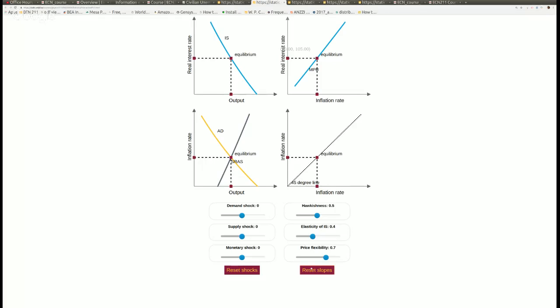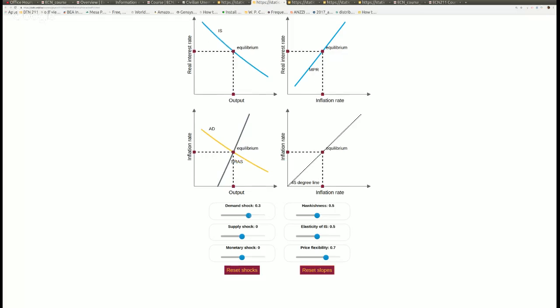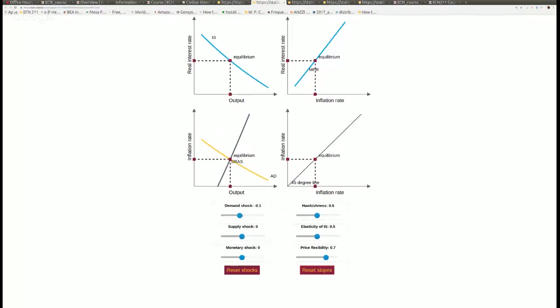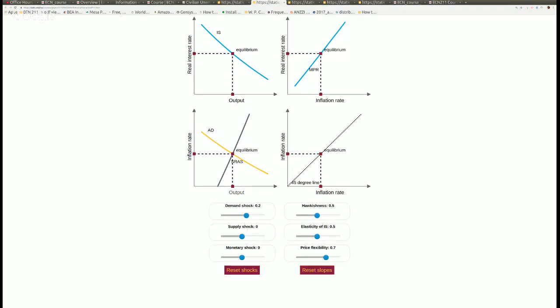Now, shocks are the ones that shift these three curves. Notice that when I say demand shock, you might think this is a shift in the aggregate demand curve, but it's actually a shift in the IS curve, the spending curve. You move the spending curve up and down, and the aggregate demand curve goes up and down.